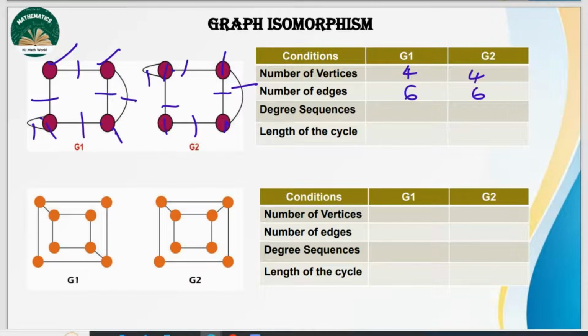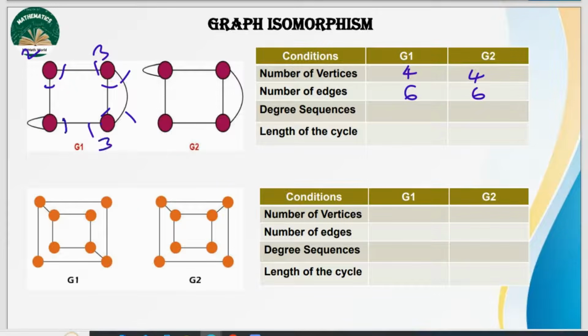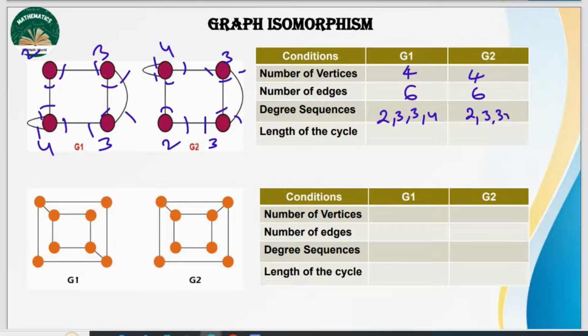Then the degree sequence of both graphs is 2, 3, 3, 4 here, and here also we have 2, 3, 3, 4.